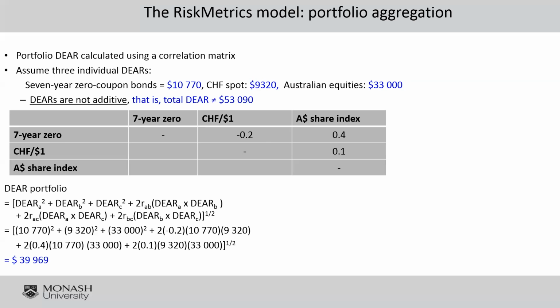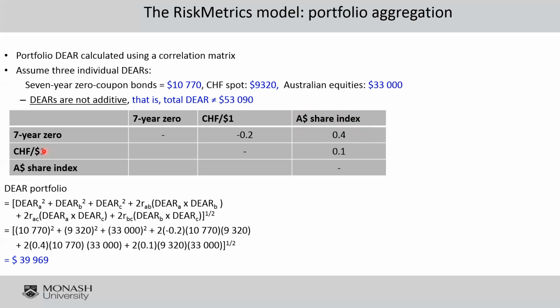And we find now the 7-year zero coupon has some correlation with the exchange rate, which is the dollar to the Swiss franc, 0.02. And this 7-year has also another correlation between the changes in the fixed income and the share index, which is actually the changes in the equity.